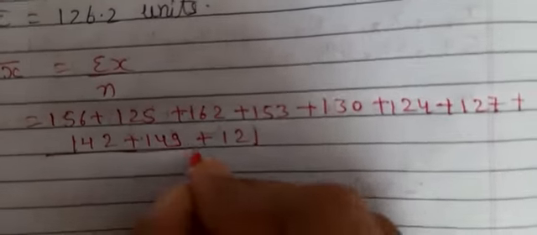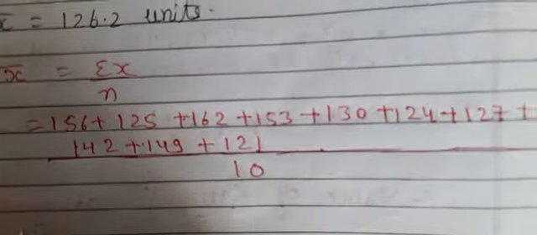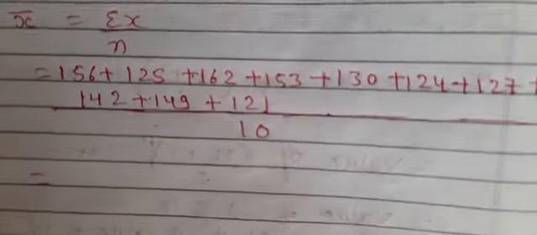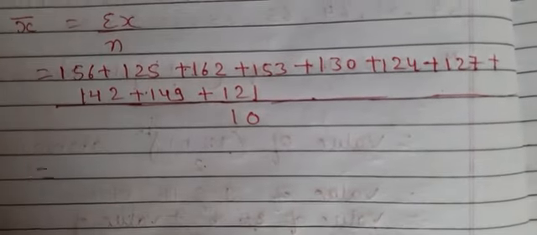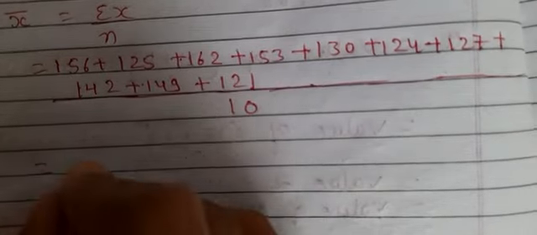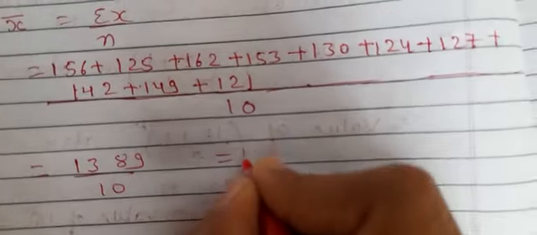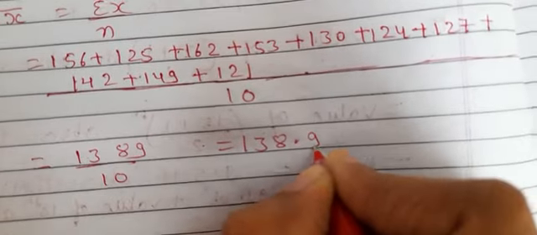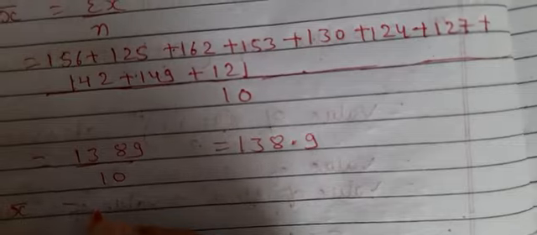Total 10 observations. So n is 10 divided by 10. That is equal to, add all these observations. So when we add all these observations, we will get 1389 divided by 10, that is equal to 138.9 units, right?